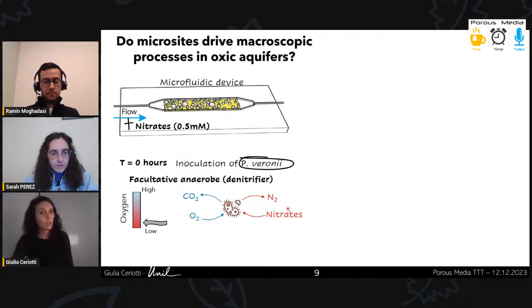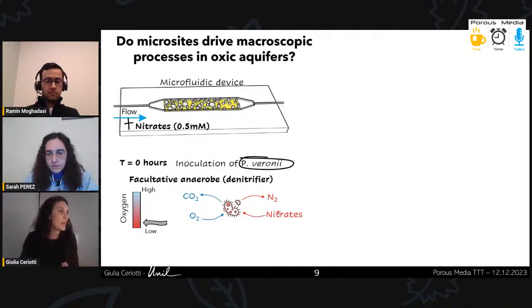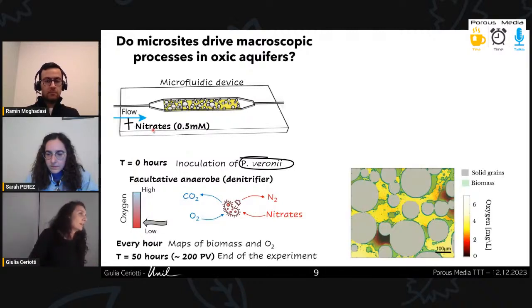Of course, since Pseudomonas veronii can use nitrates as electron acceptor, we had to add some nitrates to our input, to the inflow, just to allow veronii to use nitrate when it wants to. The rest of the experiment is very similar to what I've done before.